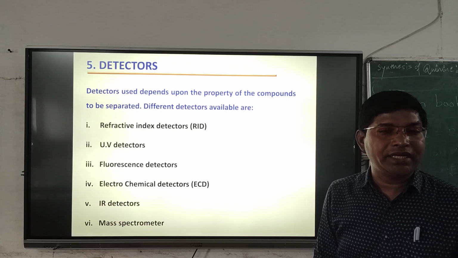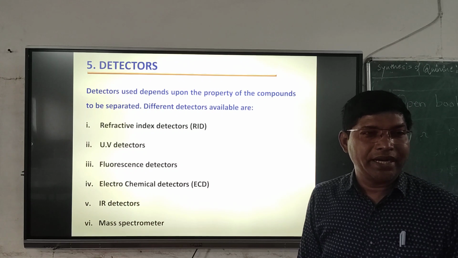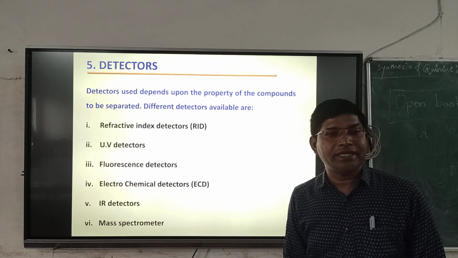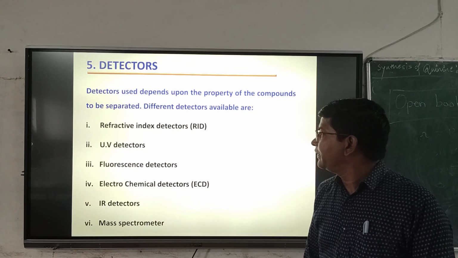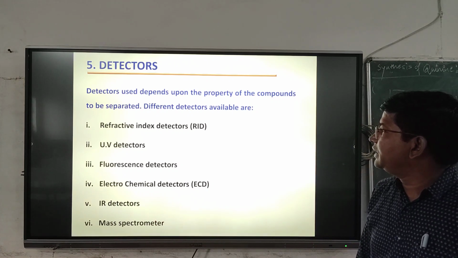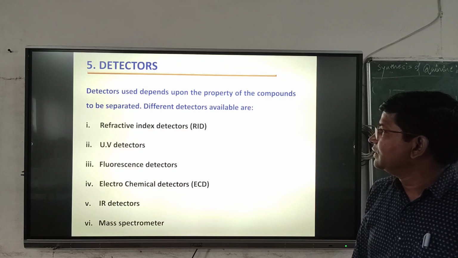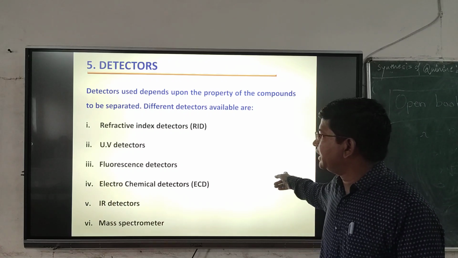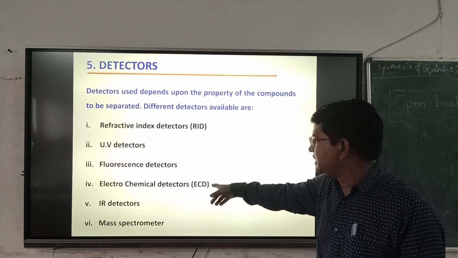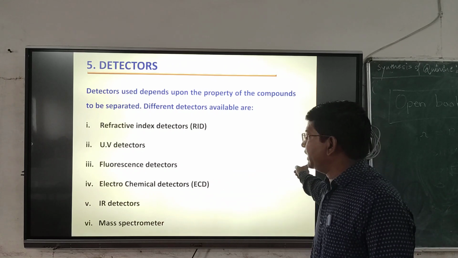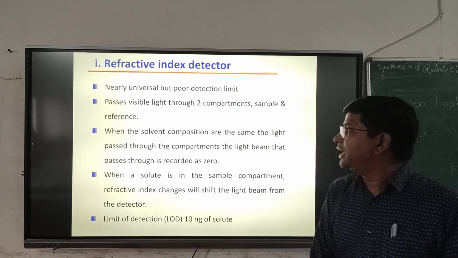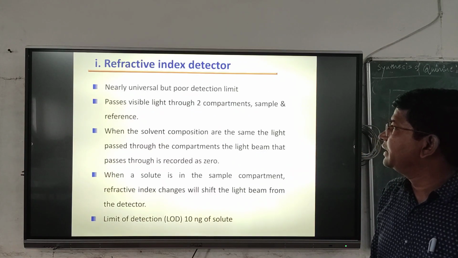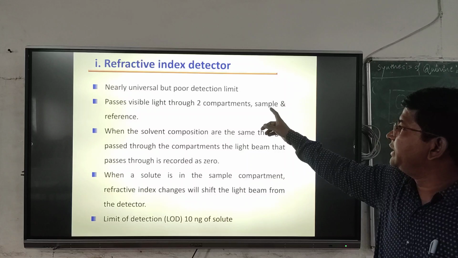For those we need different types of detector, and different detectors also have different sensitivity and selectivity. The first one is the refractive index detector, then the UV detector, fluorescent detector, ECD, IR detector, and mass spectrometer, and based on that we have LCMS.